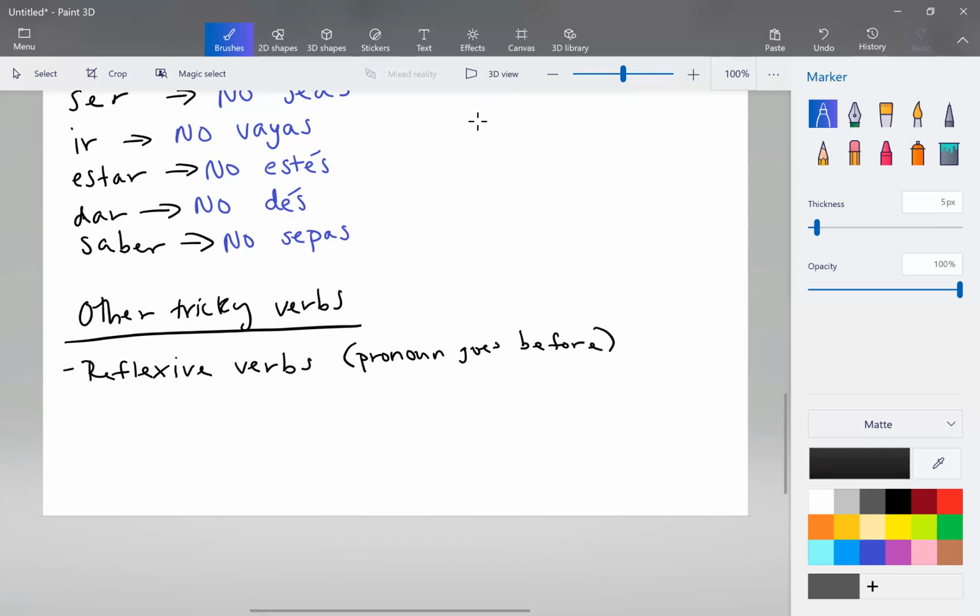What else? What other kind of verbs might we think are tricky? Irregular yo forms, because the first thing we have to do is find the yo form. So remember that, you know, for tener, it would be tengas, no tengas, right? So verbs with irregular yo forms.